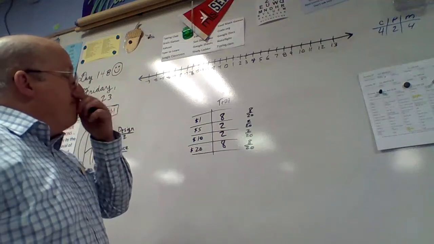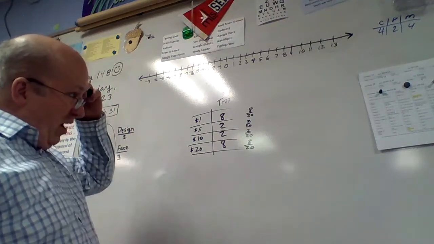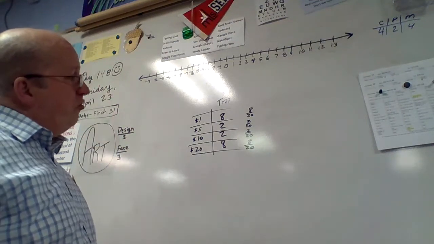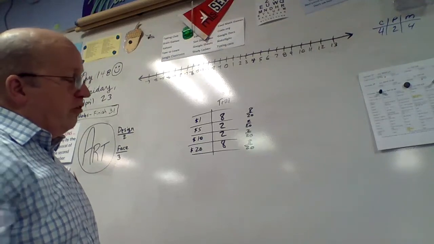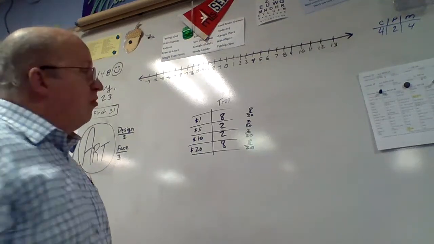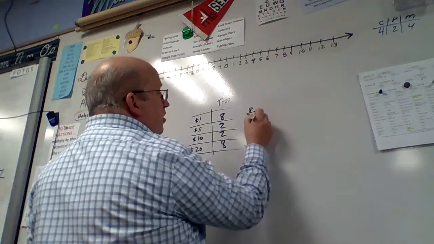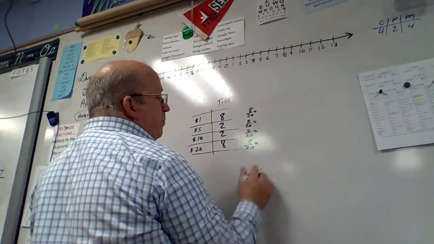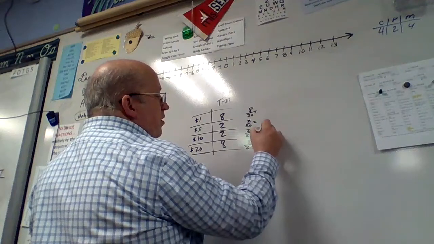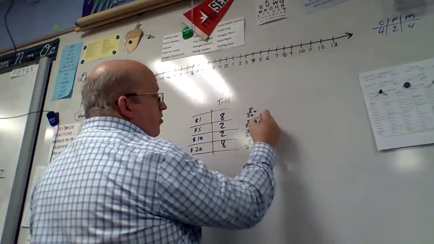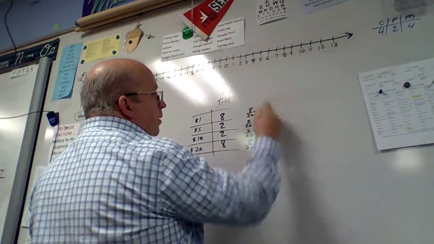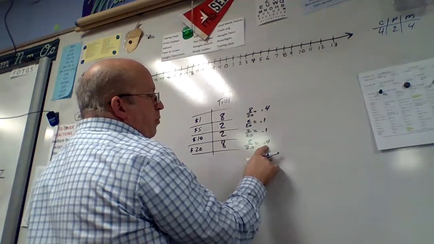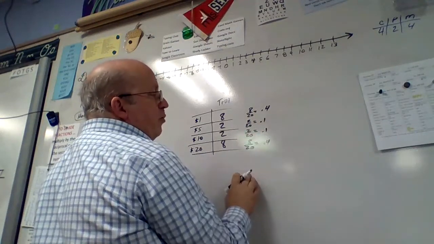Okay? Now, if I want to change this into a situation where it becomes sections of a pie graph, a circle graph, I'm going to change these all into decimal numbers, and then I'm going to multiply them by 360. The decimal values of these are pretty easy. It's just the top number divided by the bottom number. 8 divided by 20 is 0.4, and 2 divided by 20 is 0.1.